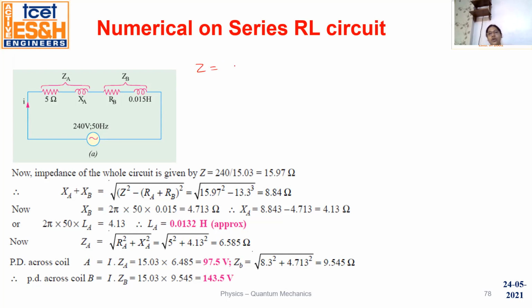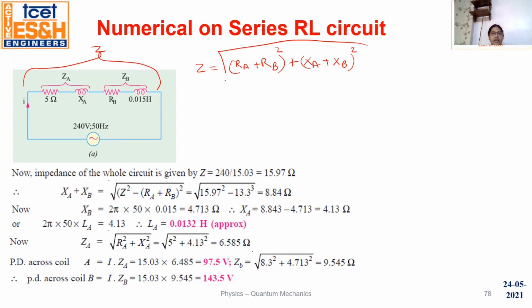Z is equal to RA plus RB, the complete impedance. Z is equal to the square root of (RA plus RB) square plus (XA plus XB) square. The square root of both will give the impedance.